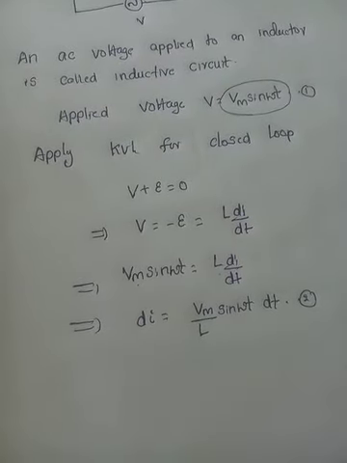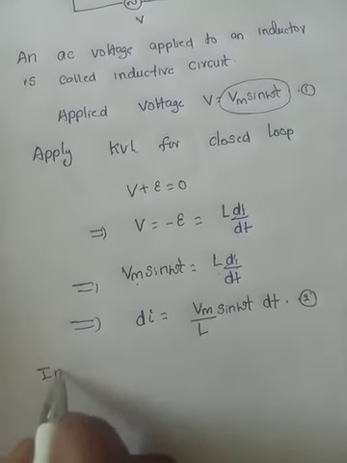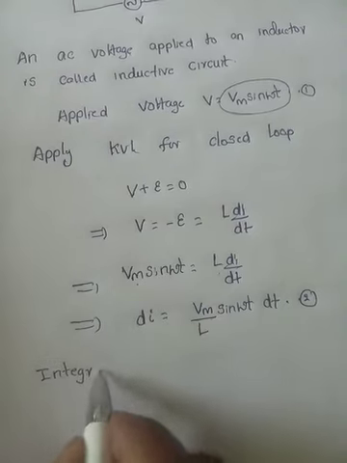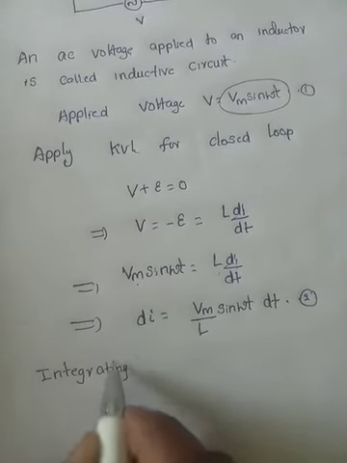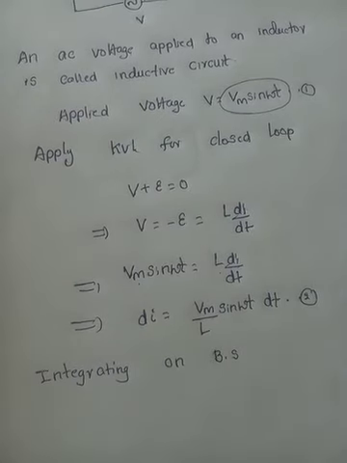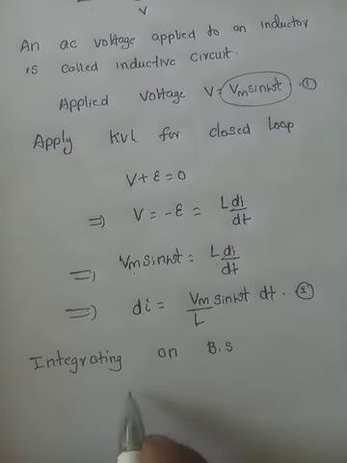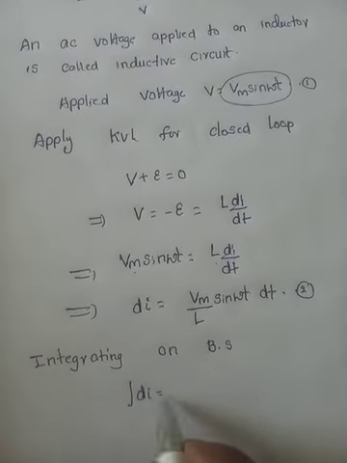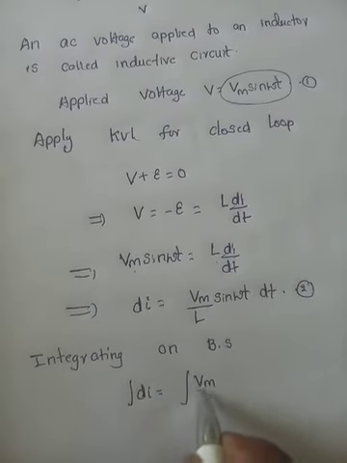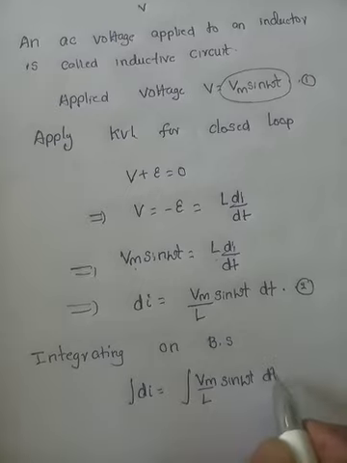Now to get the current, we integrate on both sides. Integration of di equals integration of Vm by L sin omega t dt.